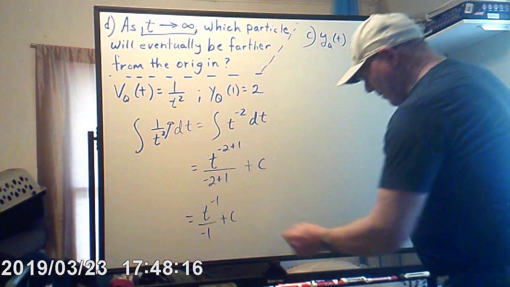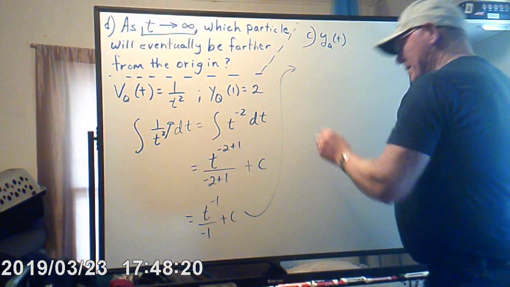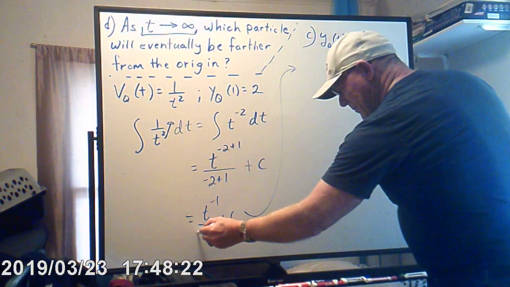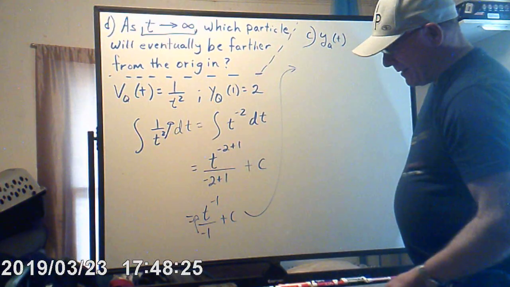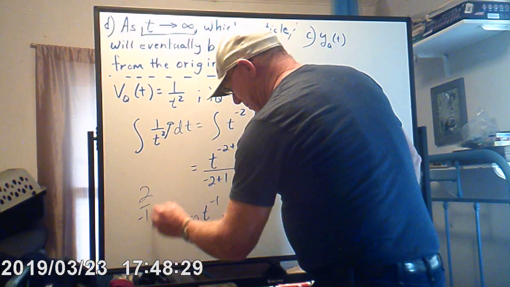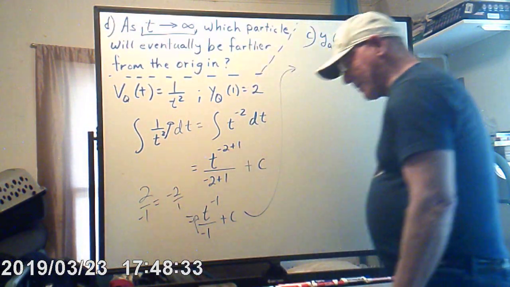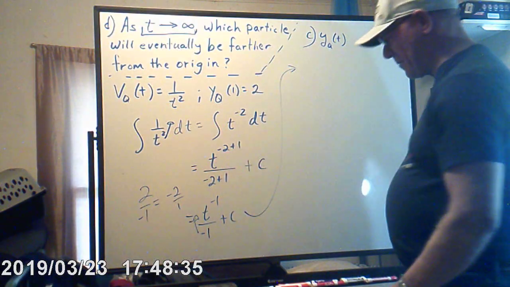Alright, so by the way, incidentally, I can just move this negative 1 up here, can't I? 2 over negative 1 is the same as negative 2, isn't it? Over positive 1, isn't it? Okay, so we can move the negative sign up here.